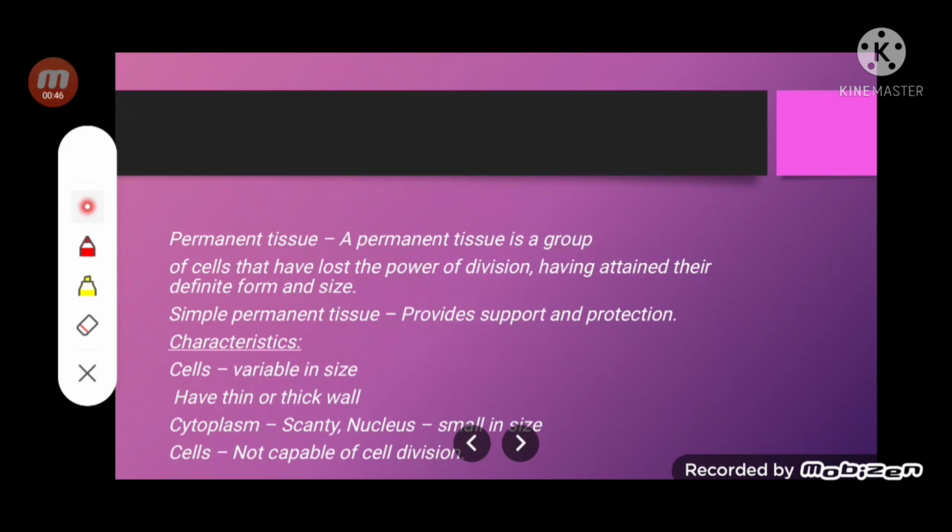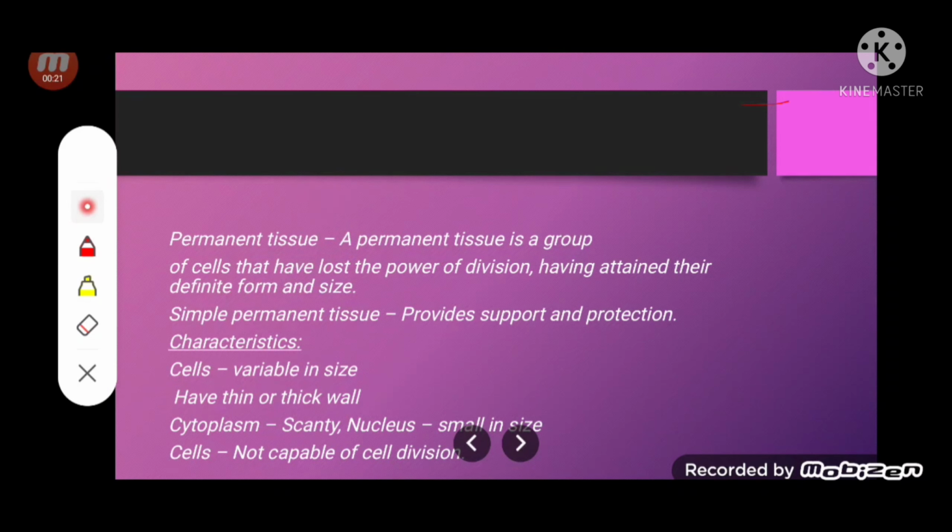So let us begin. What are these permanent tissues? A permanent tissue is a group of cells that have lost the power of cell division, having attained their definite form and size. One thing you have to understand here: these permanent tissues are formed of meristematic tissues only.